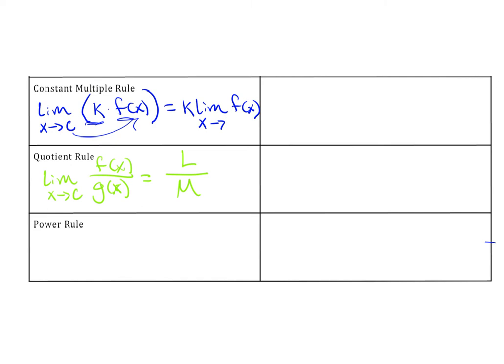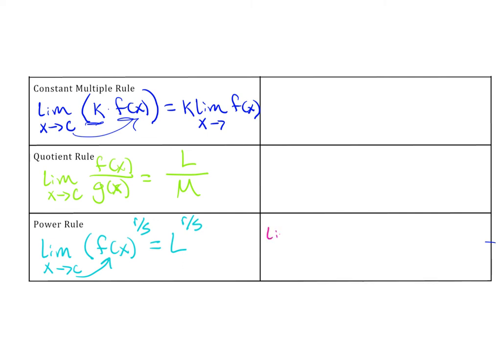Okay, last property, the power rule. If we have the limit as x approaches c of a function raised to a power, you can simply find the limit and raise it to the same power.